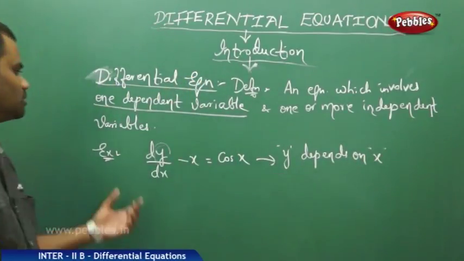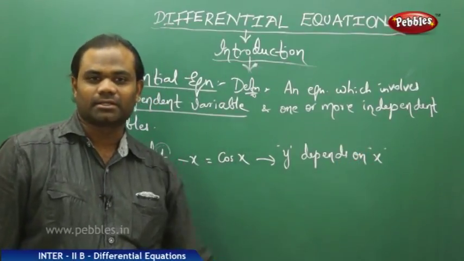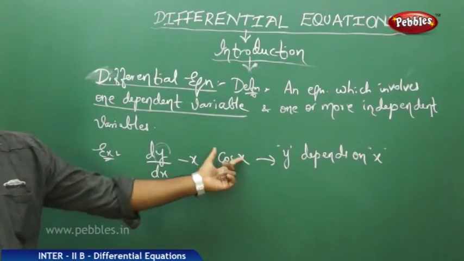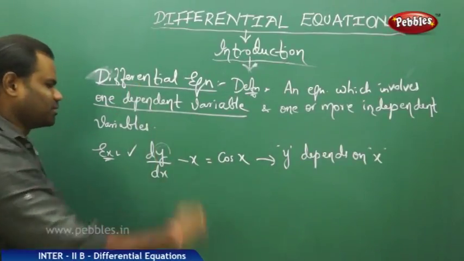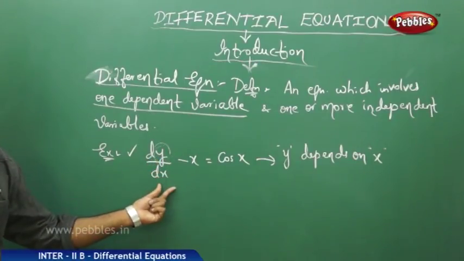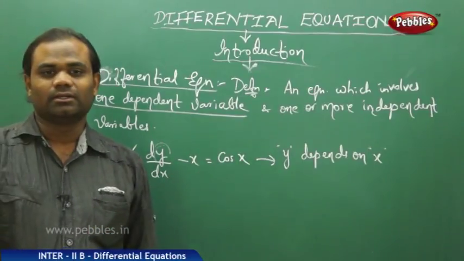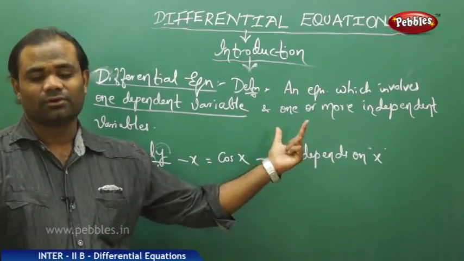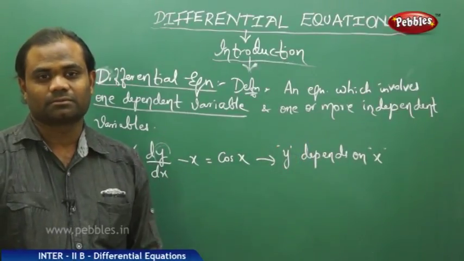Therefore, the dependent variable here is y and the independent variable here is x, written in the form of an equation involving derivatives. So this is a differential equation with one dependent variable and one independent variable, which is how we understand the basic mathematical definition of differential equation connected with derivatives.